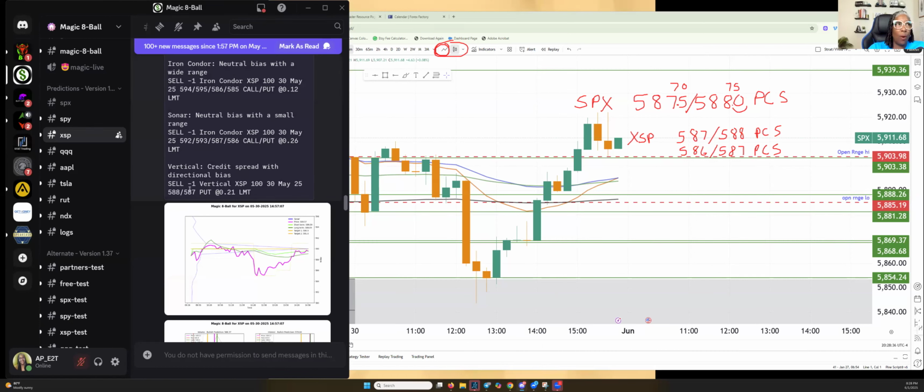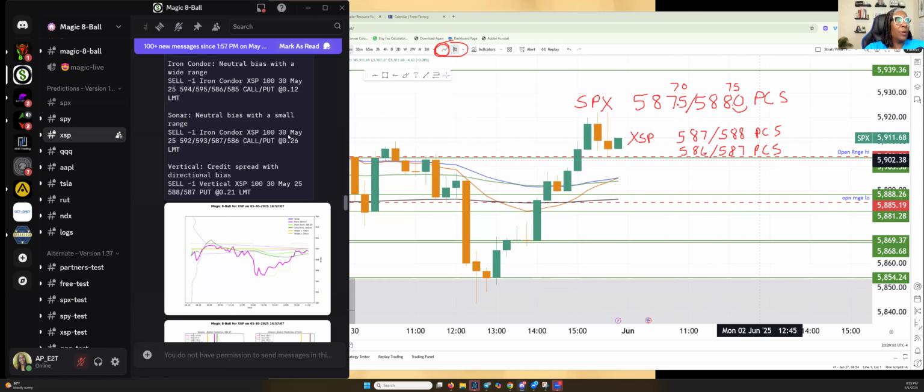So it's not always 1-for-1 with Magic 8 Ball from XSP. Sometimes it is, but it's not always. So I don't go straight to the Magic 8 Ball suggestion because sometimes it's not in line with what is being suggested for SPX. So I really look more at what our gamma is looking like, what strikes match that, and then go with that.